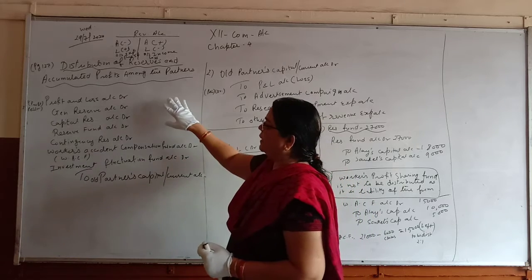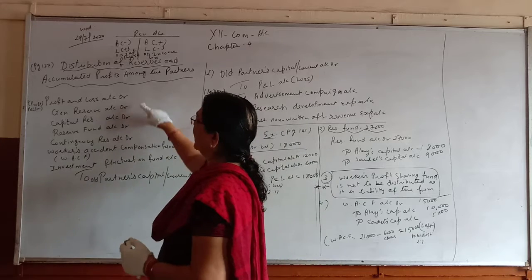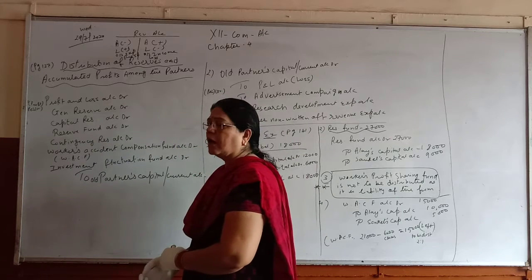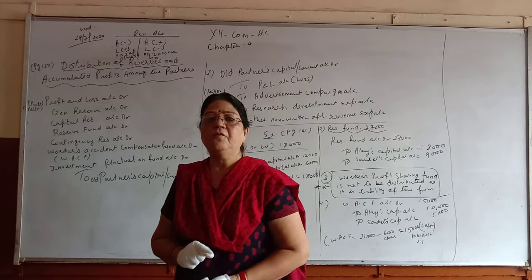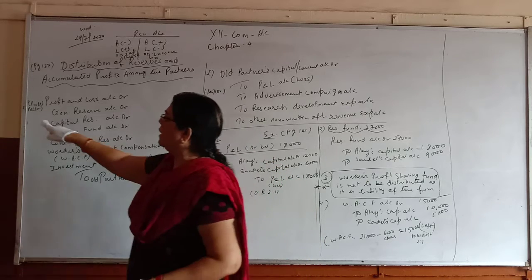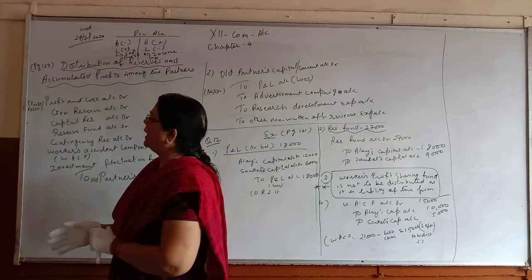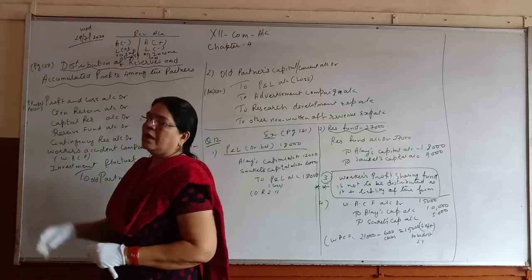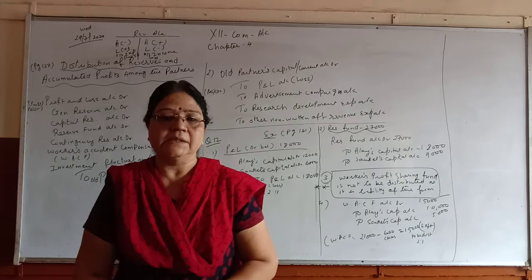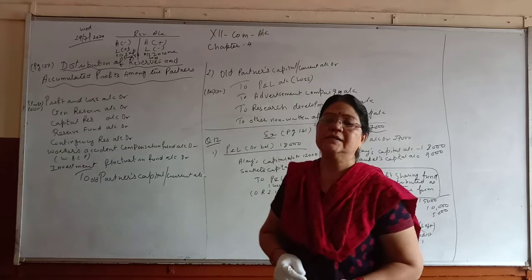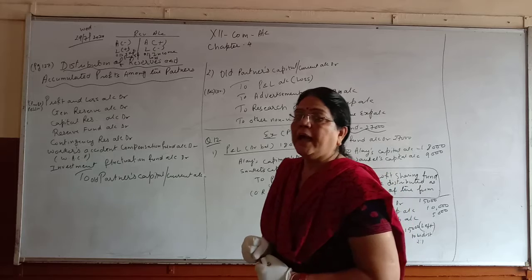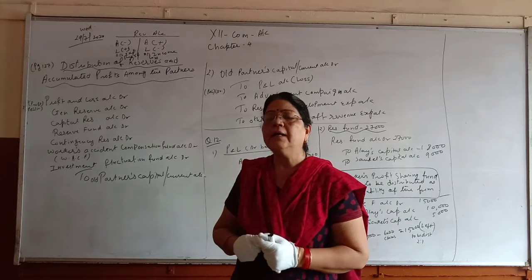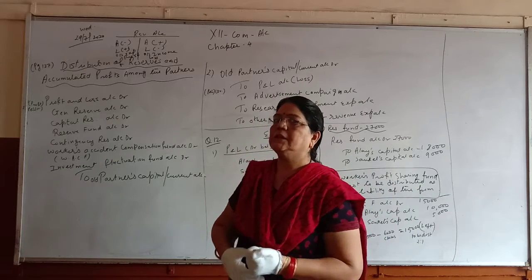In that, children, if the profit and loss account is given with a credit balance, that means it has profit, and profit increases the capital of the partners.